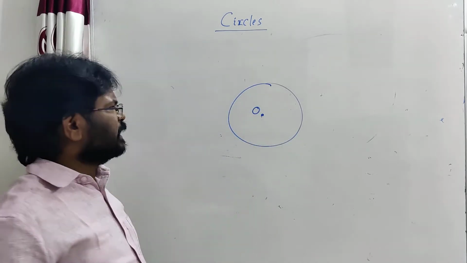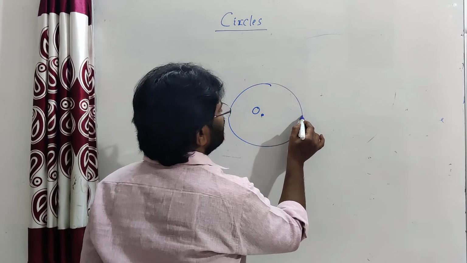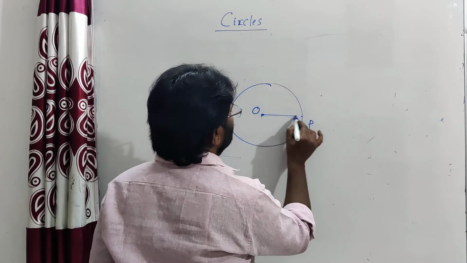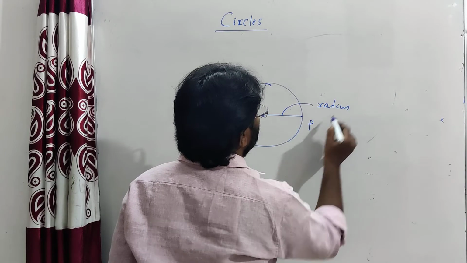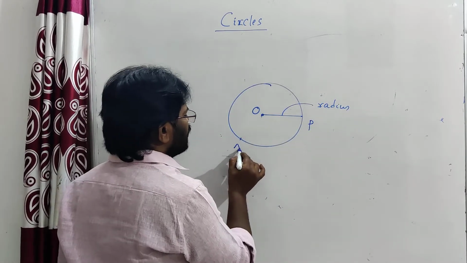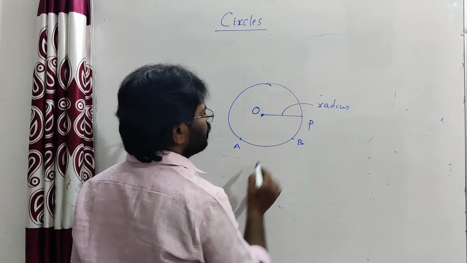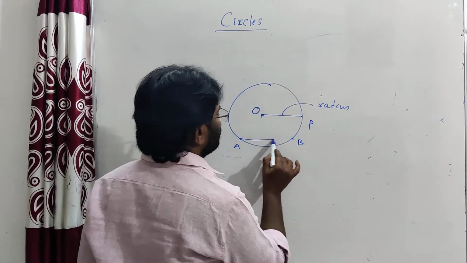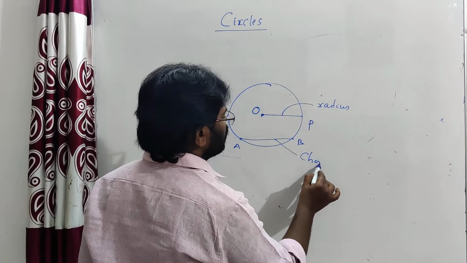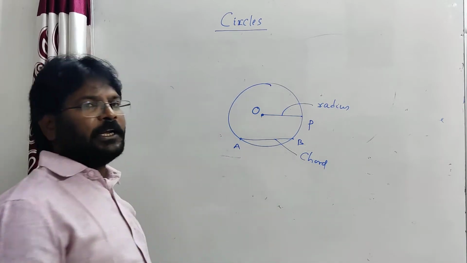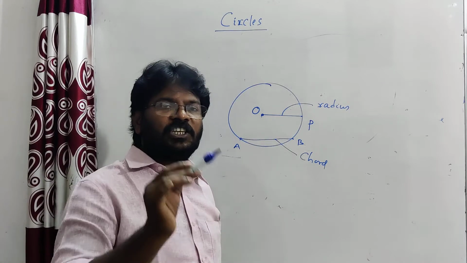Infinitely many points are there. So P is a point. If you draw, this is a radius, already we learned. Any 2 points you take, join them. This is called a chord. The segment joining any 2 points on the circle is known as a chord.